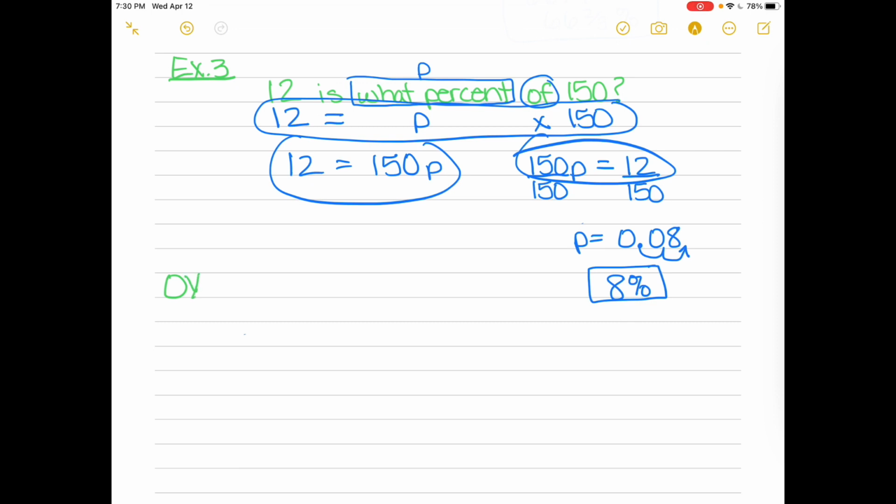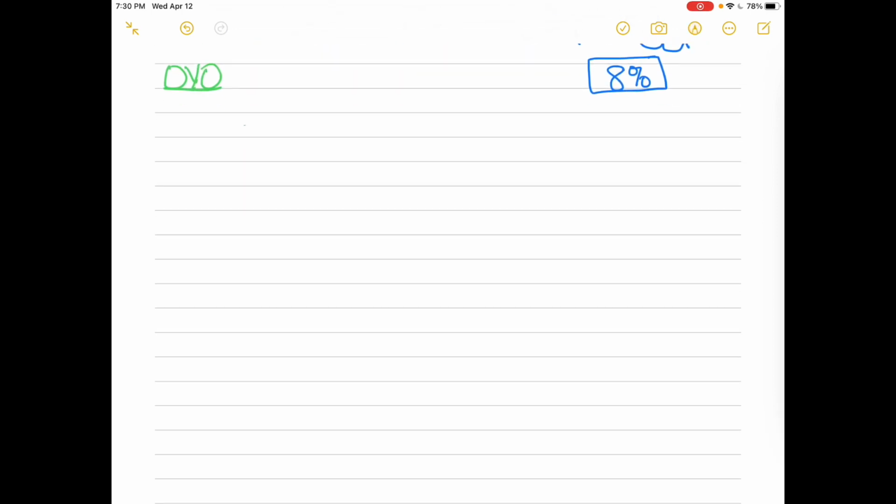This is on your own, example 4: what percent of 40 is 24? Write that down, hit pause, and work it on your own. I want an equation and the answer. You can use your calculator, and when you come back, we're going to check and see if you got it right. So go ahead and hit pause now.